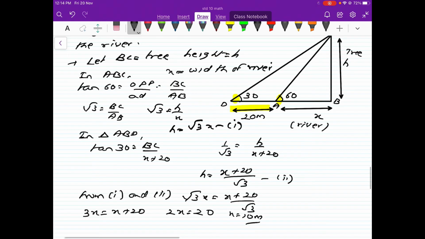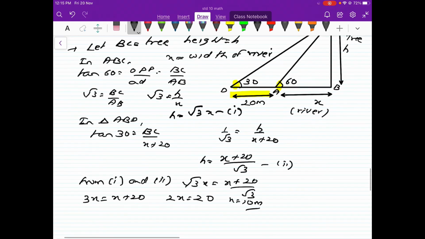Now we want x, the width of the river, which is 10 meters. Now we want the height of the tree also. So what is the height of the tree? So h is equal to root 3 into 10. So root 3 value I will take as 1.73 into 10. So it is 17.3 meters.